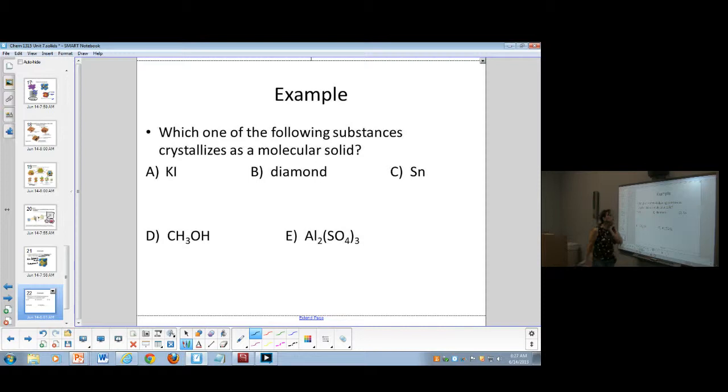All right, which of these would crystallize as a molecular solid? So let's look at some of our choices here. We have an ionic thing. So that's not going to crystallize as molecular. Remember, molecular is a covalent kind of molecule.